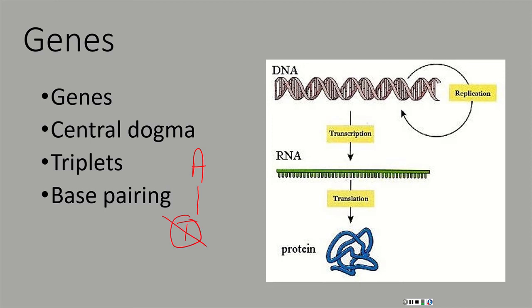Remember, RNA doesn't have thymine. So instead, we would have a U. A and U go together when we're talking about messenger RNA or any of the other types of RNA. Again, if this is not making sense, don't worry, because we're going to be applying this in just a few slides.